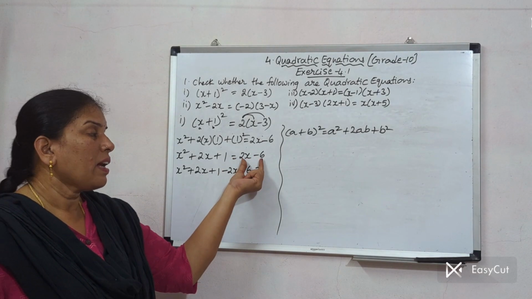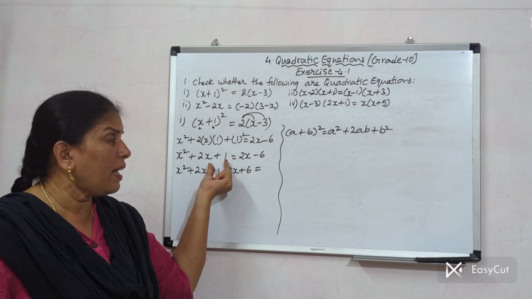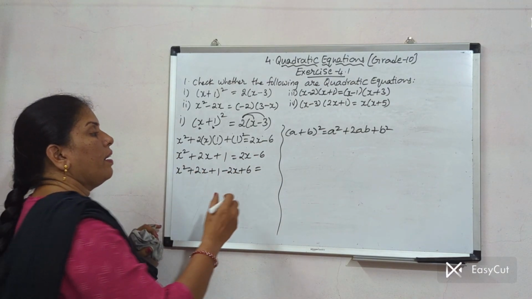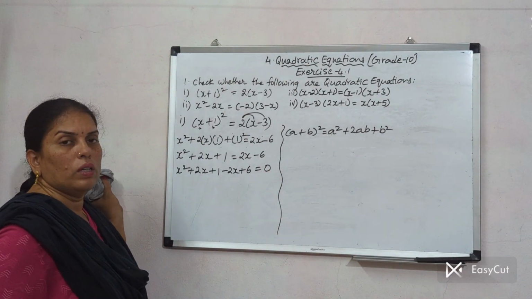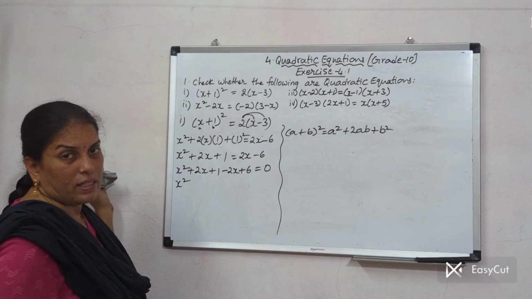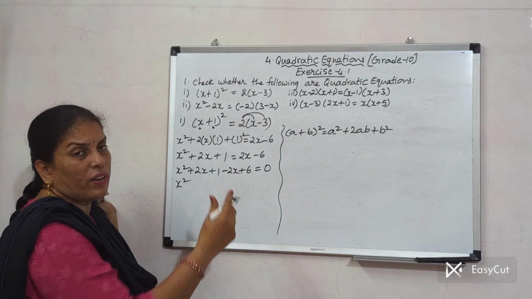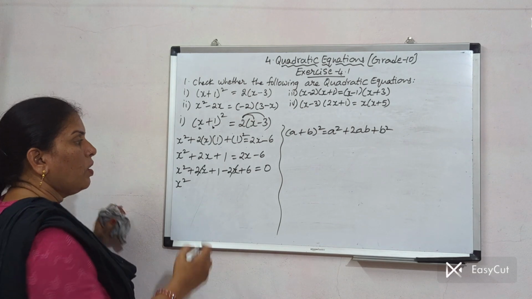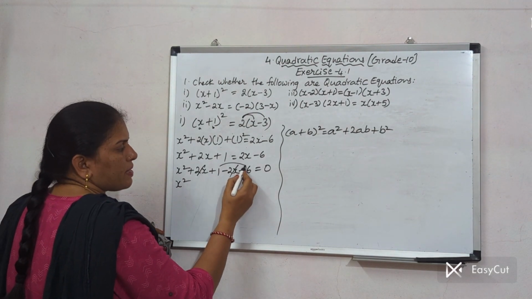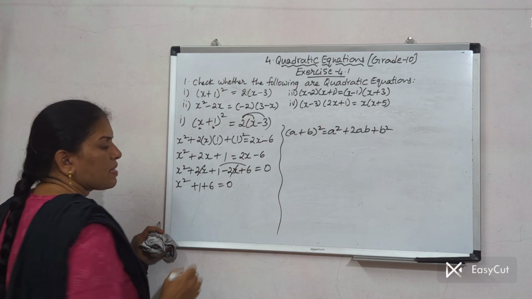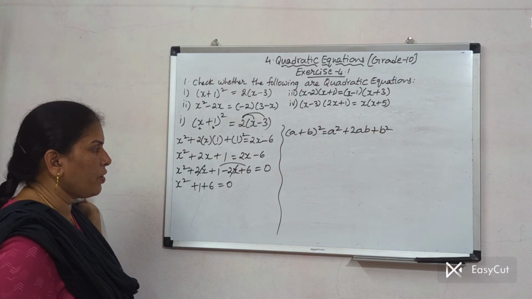See here, I sent all the terms to the left hand side, so what will be here? 0 will be there. Now, like terms. See here, x square is there. Is there any other x square? Not there. Plus 2x minus 2x cancel. What is there? Plus 1 plus 6 equal to 0.